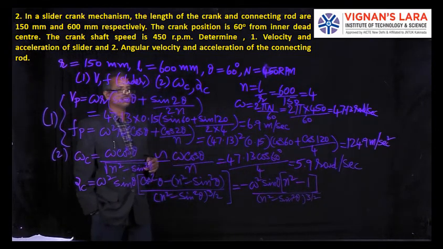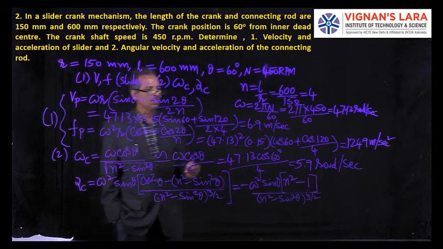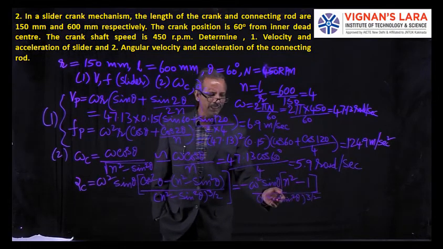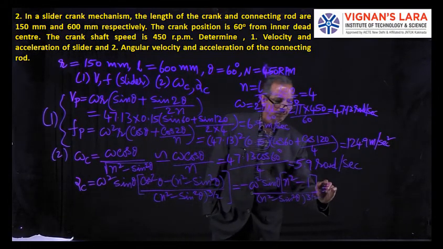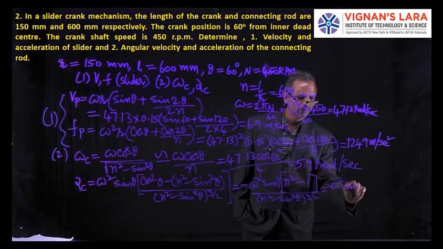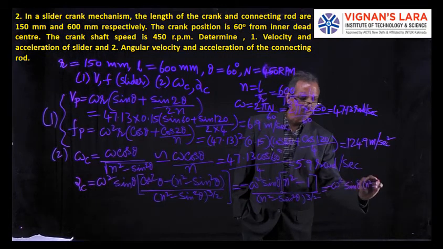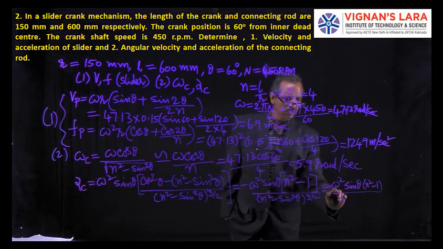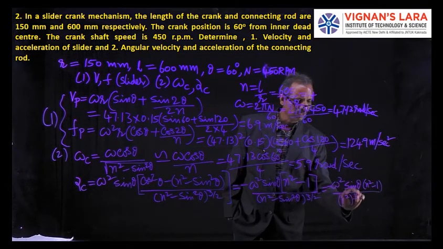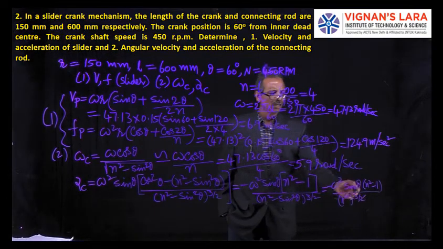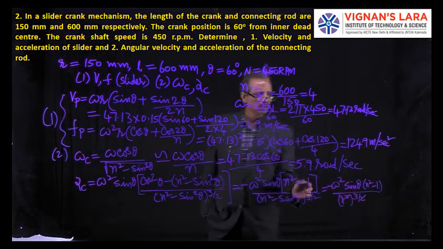I can simplify this by assuming sin square theta is a smaller value, so I can neglect it, and I can write minus omega square sin theta into n square minus 1, over n square whole to the power of 3 by 2. So n square to the power 3 by 2 becomes n cube.